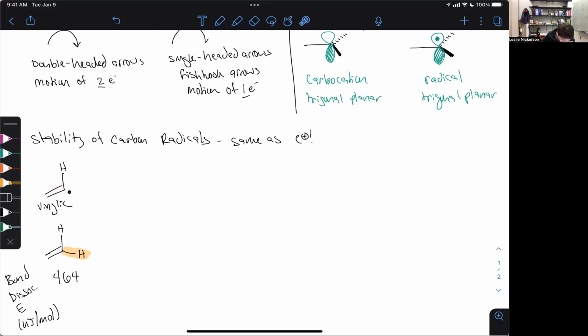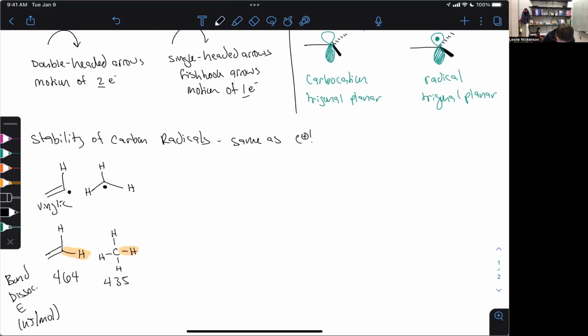So if we go to a methyl radical, okay, so just a radical on a methyl, which would be something like this. If we just started from methane, for instance, that bond dissociation energy is 435. Okay, so a very big jump there between the vinylic and the methyl. And methyl carbocations, just like methyl radicals, they are not good.